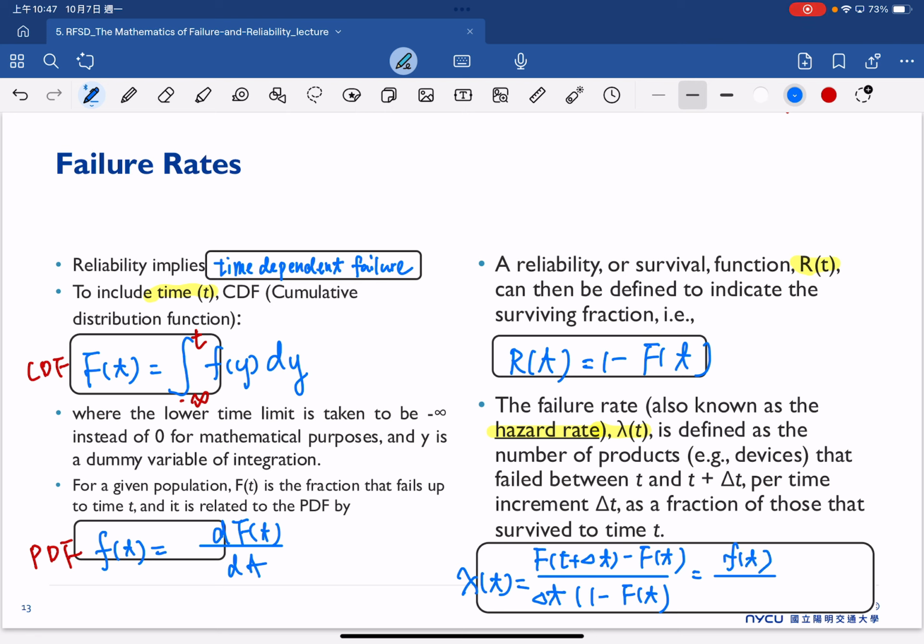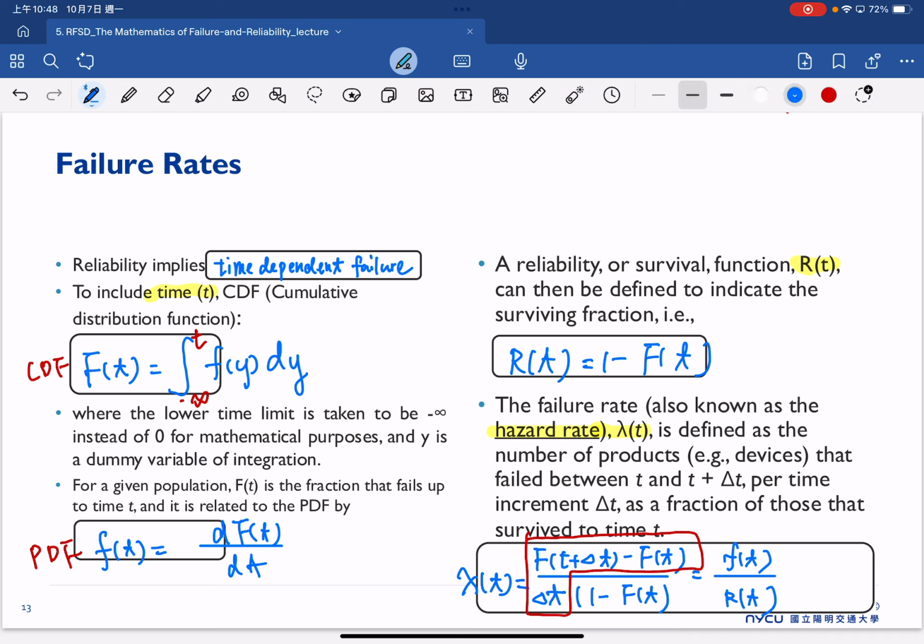Why does it become small f(t)? Because as long as your delta t approaches infinitesimally small, this is equal to dF(t) over dt. So then we go back to the simple form here: 1 over 1 minus F(t) is equal to this one.